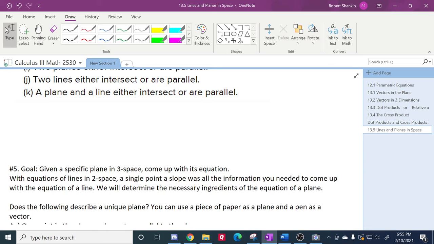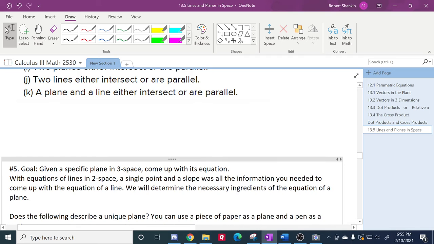With equations of lines in 2 space, a single point and a slope was all the information you needed to come up with the equation of the line. You can put it into the point-slope form of the equation of a line. And voila, you got the equation.